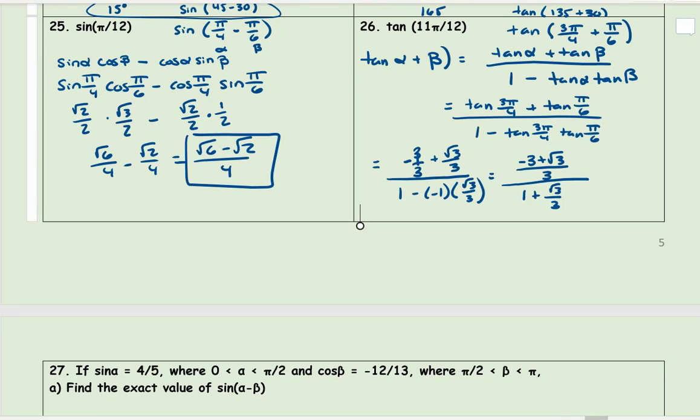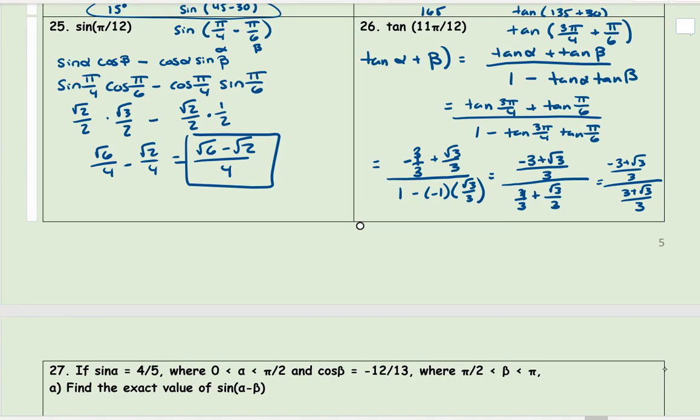Okay, we're getting very close to the end here. It's going to be a little bit more work. So I'm going to find a common denominator for the bottom as well. This is going to be 3 plus root 3 over 3. And I don't know if anybody remembers, but there's a little trick. You have -3 plus root 3 over 3, and then you have 3 plus root 3 over 3.